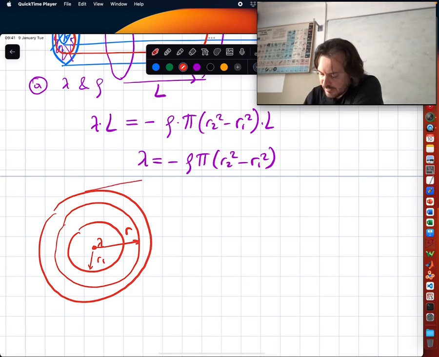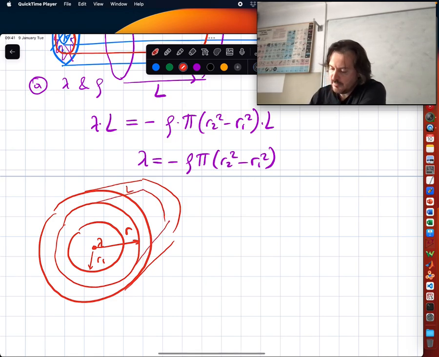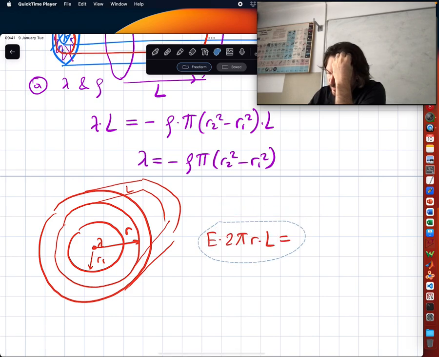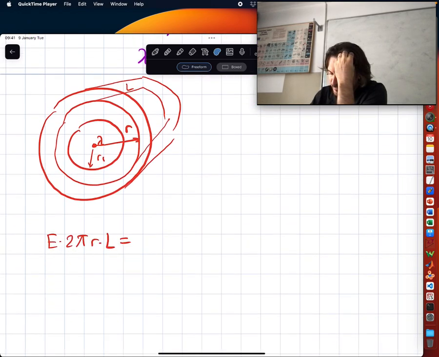If the Gauss surface has a length of L, then E times 2 pi r times L needs to be equal to the enclosed Q over epsilon 0. I'm going to eventually express everything in terms of rho, so let's keep using rho.